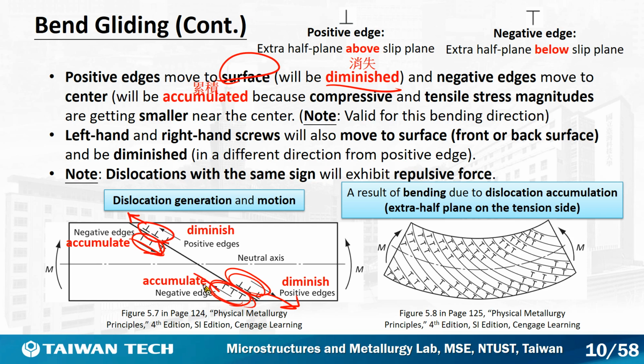Negative edge, go to the center. And then it will experience accumulations. Okay, so they will be accumulated near the center.